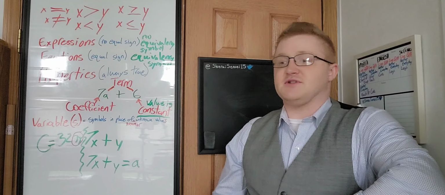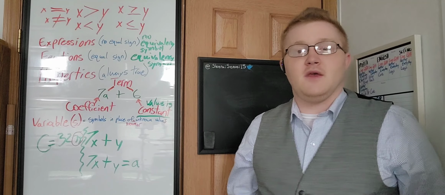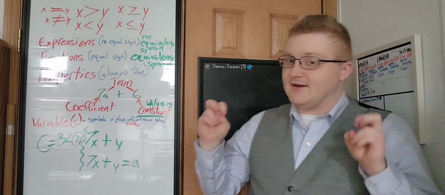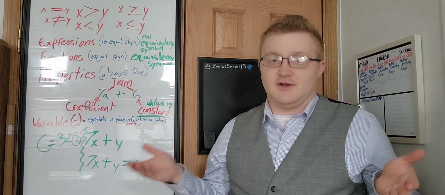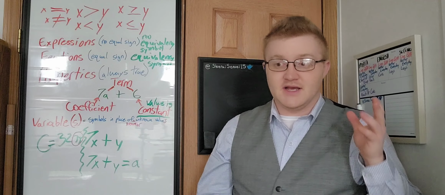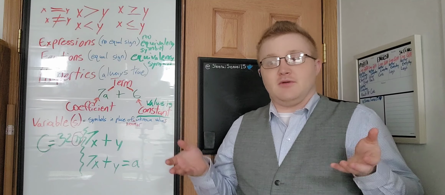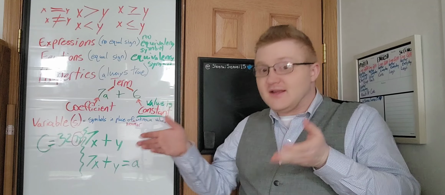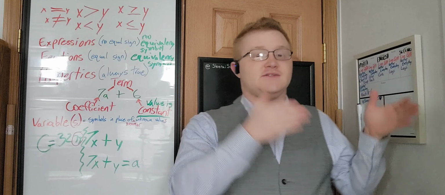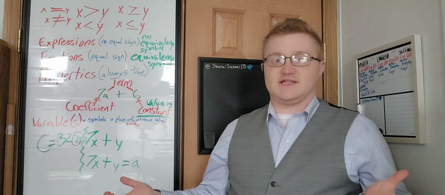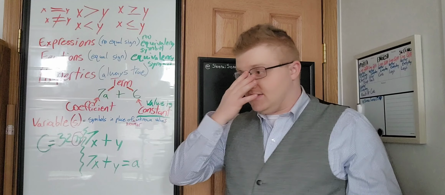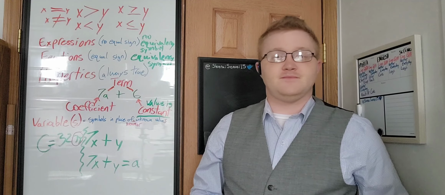So just because it's represented by a variable, well, really the only time it's a variable is when it's an unknown value. Because that's kind of why it's called a variable. It's called a variable because of the variability of its value. You don't know what its value is going to be until you solve for the variable.